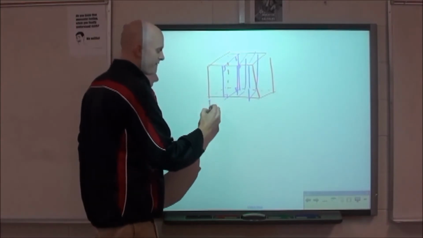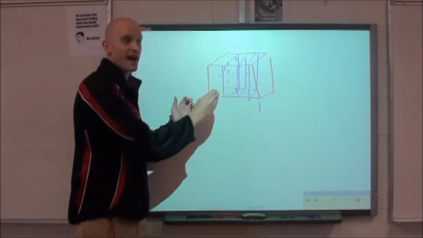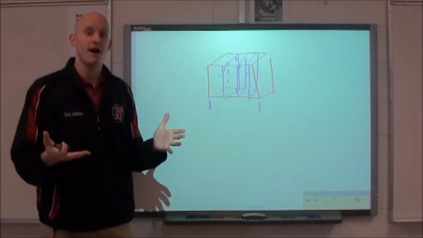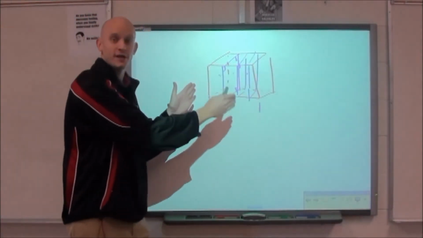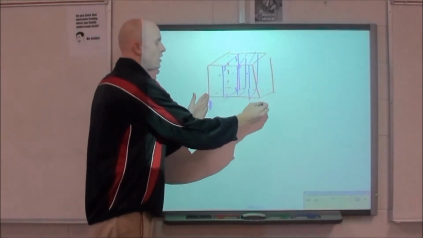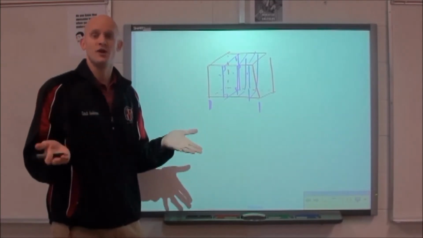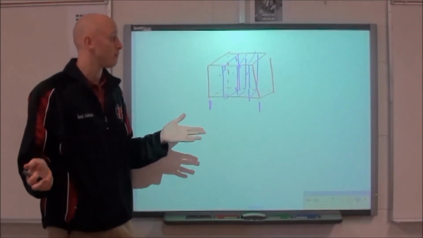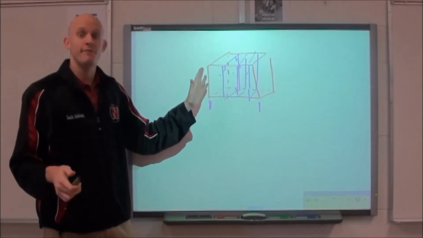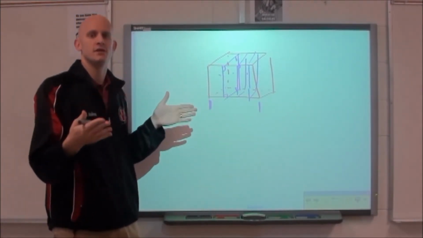If I take every single one of the cross sections and add up that infinite amount of volume, add up every tiny cross section that there is, we'll have the total volume of the cube. So that is what we're going to do, and it's kind of like a limit that we're going to be applying. We will add up every single cross section, every tiny piece of volume to get the total volume.